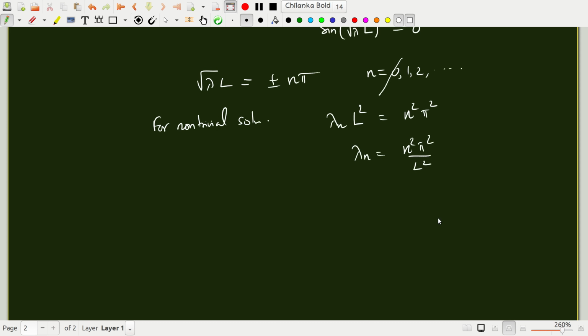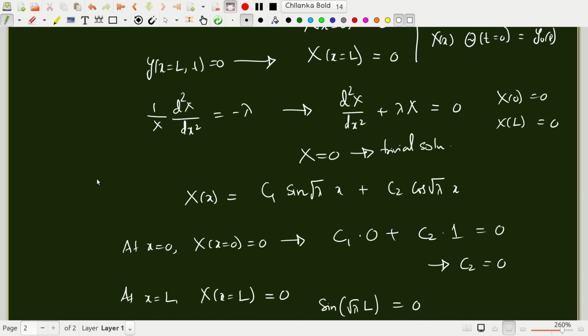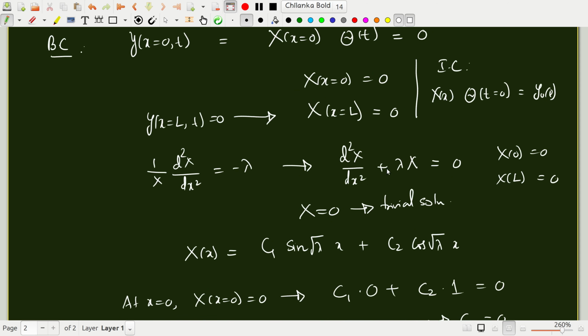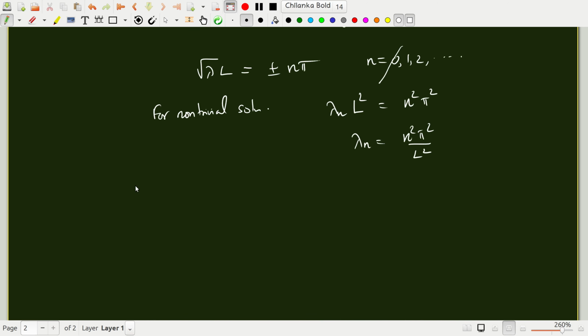So the solutions, therefore, to this homogeneous equation, there are many solutions, right? Because this is a homogeneous equation, we found many non-trivial solutions depending on what lambda is. For each lambda, you get a solution of the form X n of x is equal to sine root lambda n x, which is sine of n pi x by L.